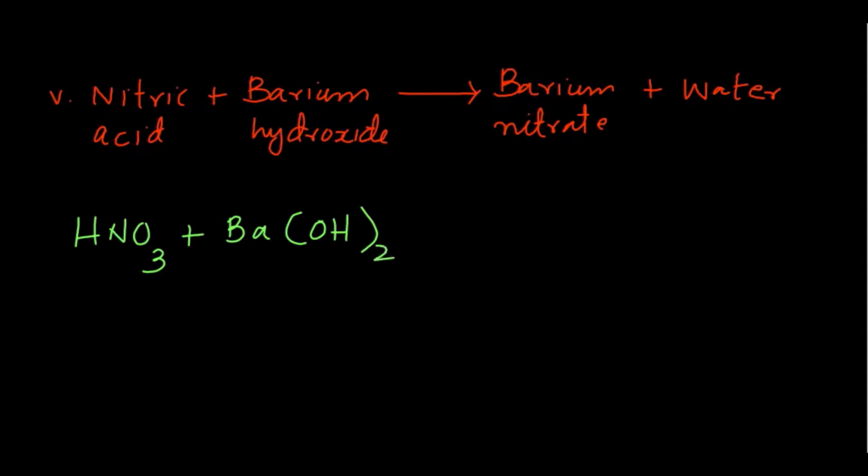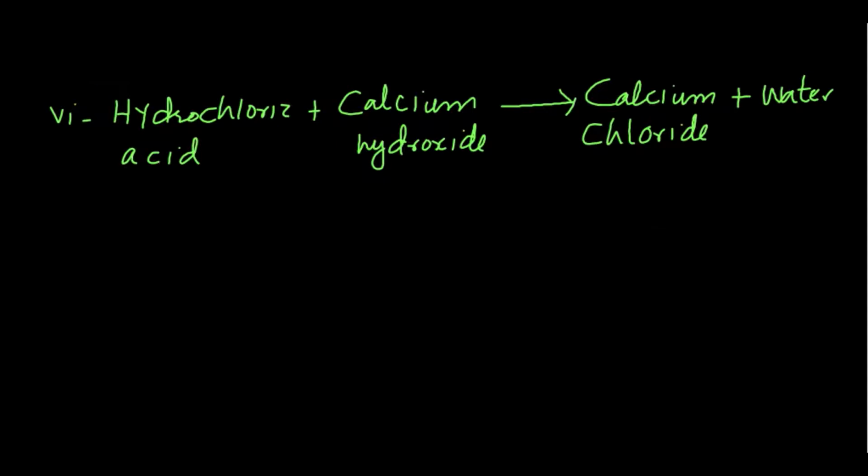This is barium hydroxide. After the reaction, we get barium nitrate, that is Ba(NO3)2. Since here we have 2 moles of nitrate, we must write here 2. Plus we get 2 moles of water. I hope this balanced equation is clear to you.